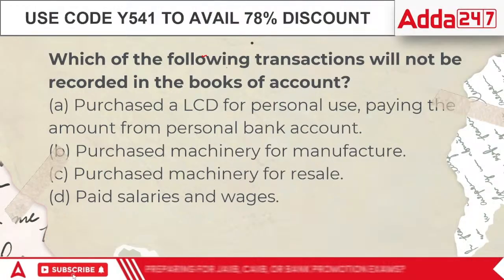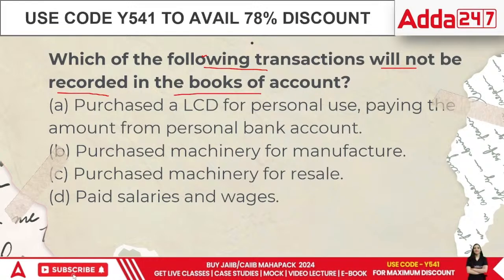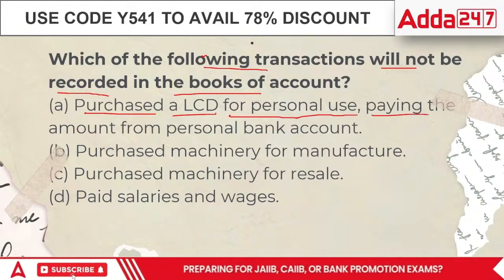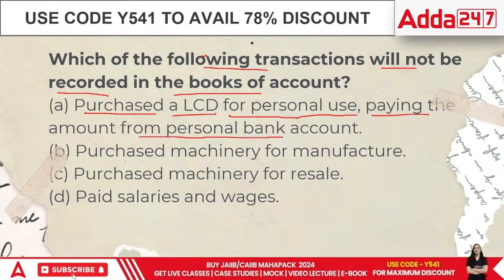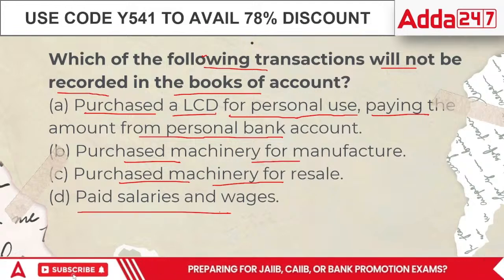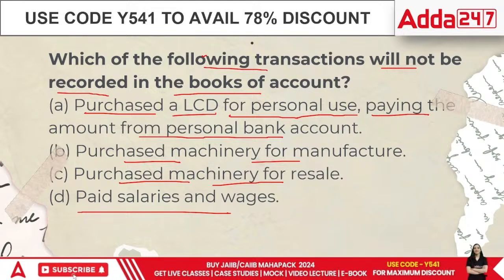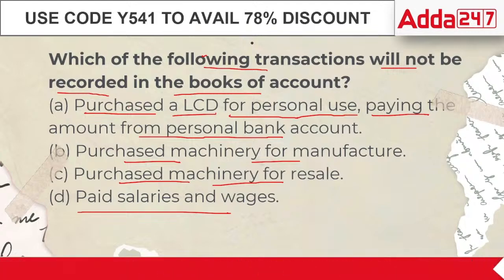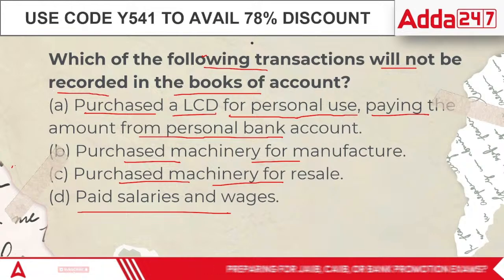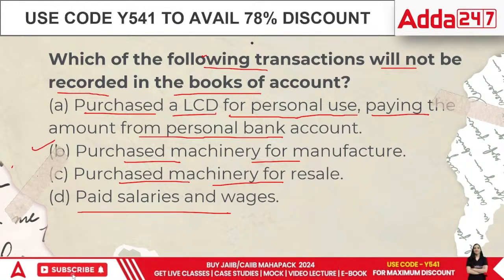Next point. Which of the following transactions will not be recorded in the books of accounts? Purchased an LCD for personal use, paying the amount from a personal bank account, purchased machinery for manufacture, purchased machine for resale, or paid salaries and wages. Now the point is we should not record anything which is not business based. Machinery for manufacturing is business based.